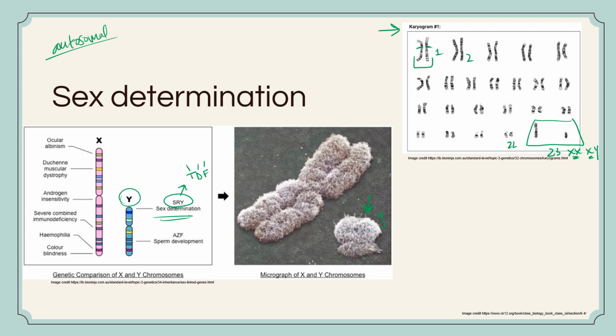If that protein is expressed because that gene is normal, then a lot of other genes are going to be altered and testicles are grown during embryonic development. If that Y chromosome is not present, that SRY gene is not present, what we end up with instead are ovaries. So the lack of TDF protein leads to the development of ovaries.